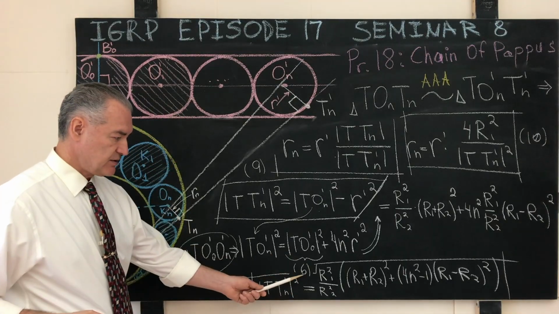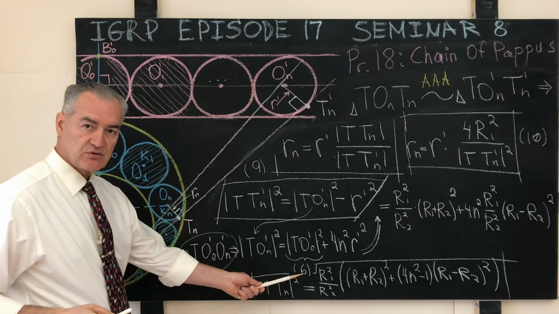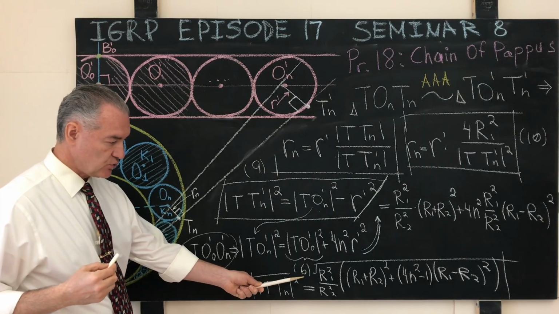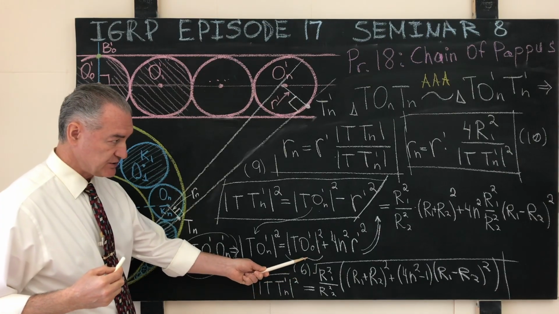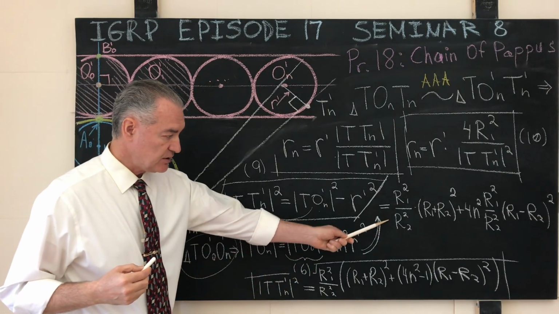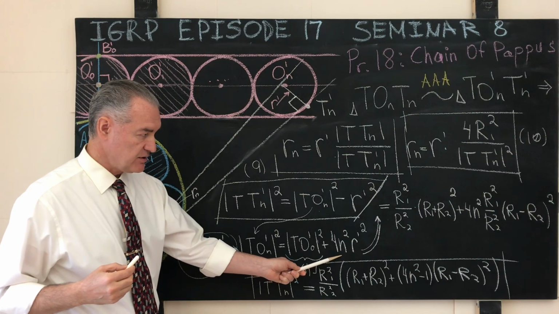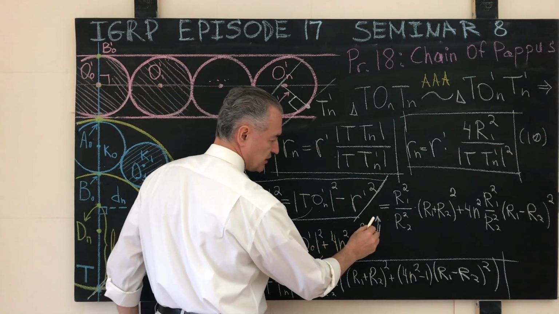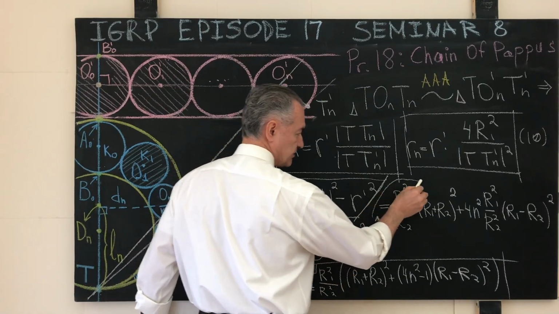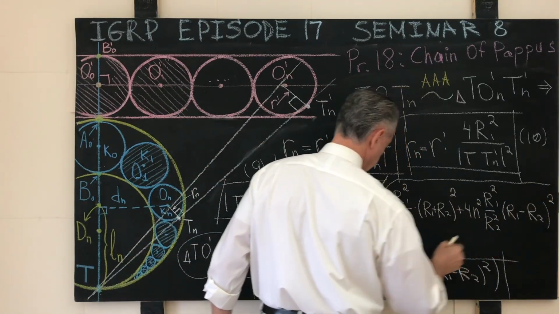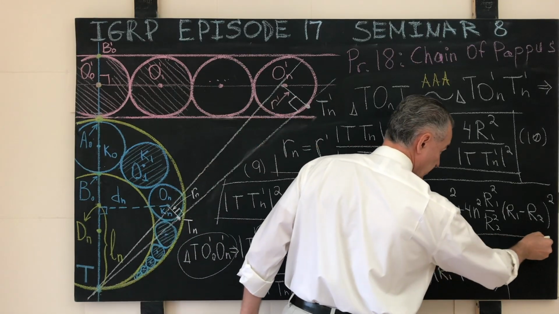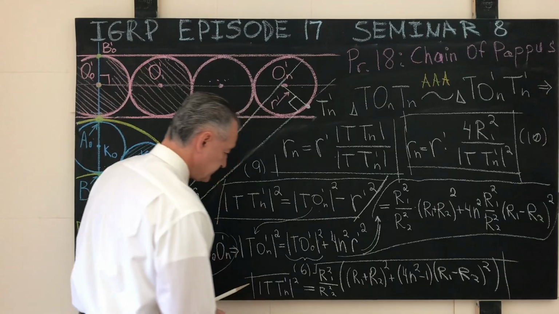Don't forget that we numbered our relations carefully, and hopefully your numbering coincides with mine. So from the relation number 6 for this distance, once we put it in and accommodate this term right here, we will have the expression shown over here. Again, I apologize, my space is tight over here on the board, but this is the expression that we're looking for. Concentrate on this piece right here.